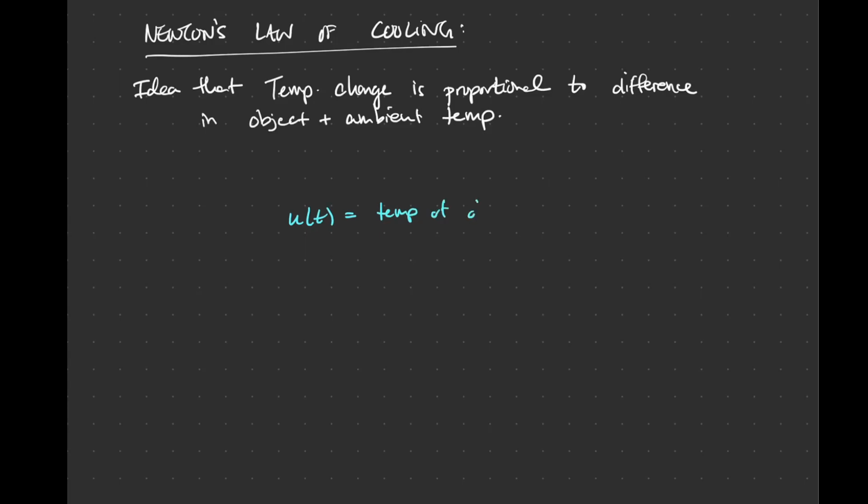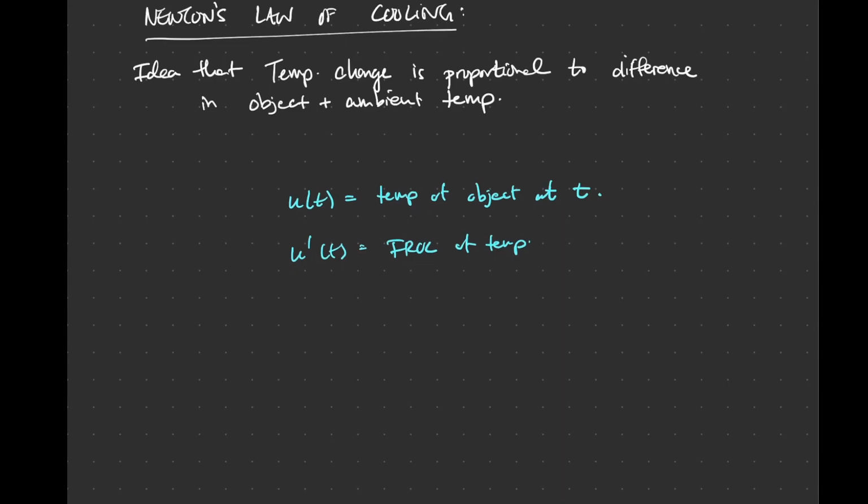Temp of object at time t. And the temperature change is the rate of change of the temperature. How it's changing, again, this is the easy thing to describe. How it's changing is proportional to the difference in the object and the ambient temperature.